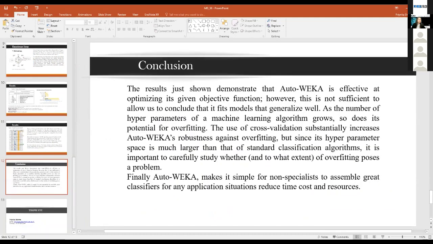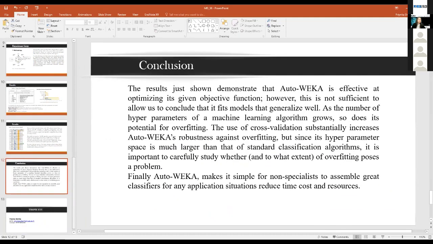Finally, the conclusion. The results shown in table 3 demonstrate that AutoWeka is effective at optimizing its given objective function. However, this is not sufficient to conclude that it fits models that generalize well. As the number of hyperparameters of a machine learning algorithm grows, so does its potential for overfitting.